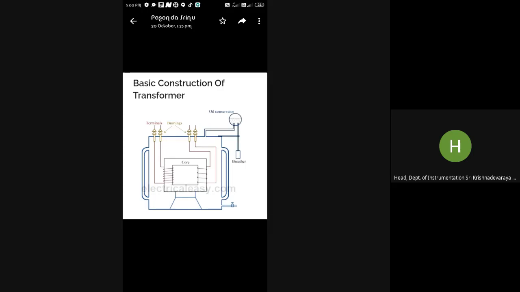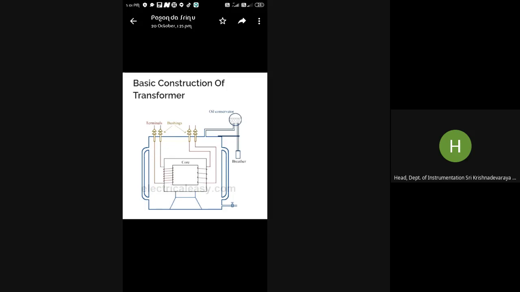In all types of transformers, the core is constructed by assembling laminated sheets of steel with minimum air gap between them. The steel used has high silicon content and is sometimes heat treated to provide high permeability and low hysteresis. Laminated sheets of steel are used to reduce eddy current loss.